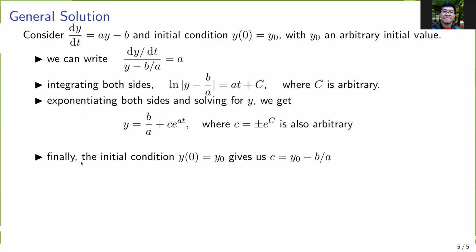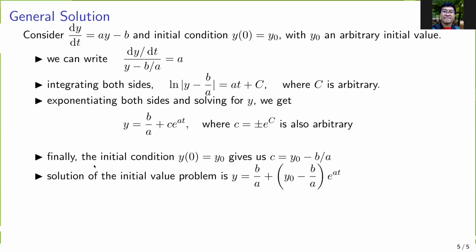We can get, and also using our initial condition, if we set time t equals 0, this becomes e to the power of a times 0 is 1, y is y naught. So that gives us c being equal to y naught minus b over a. So the solution can be written as y equals b over a plus (y naught minus b over a) times e to the power of at.